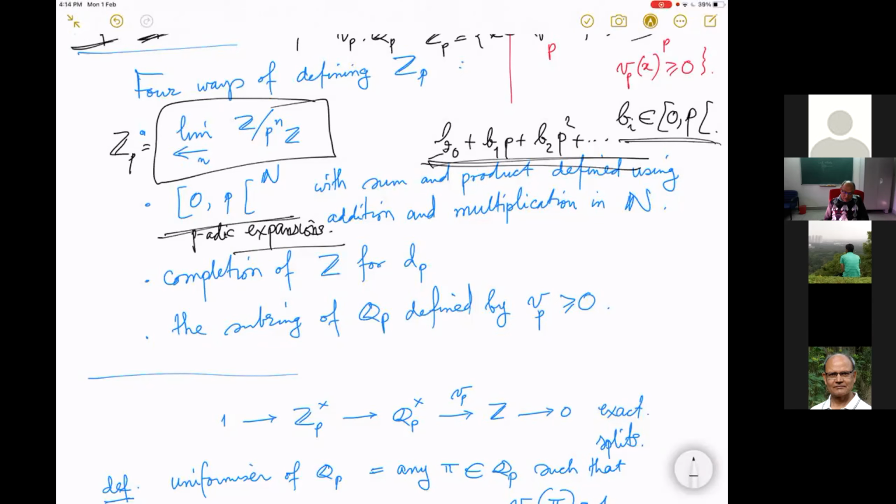And these are all. The third way of defining Zp would be as a completion of Z for this distance dp. How do you get a distance dp on Z?